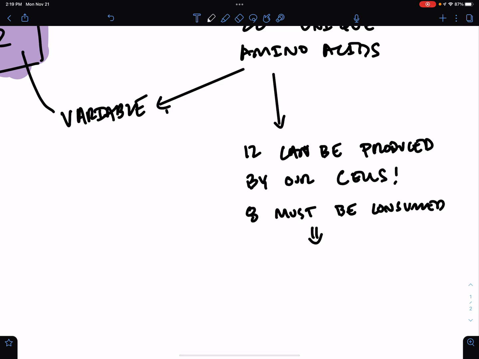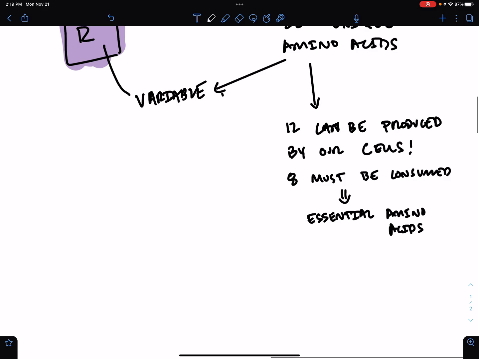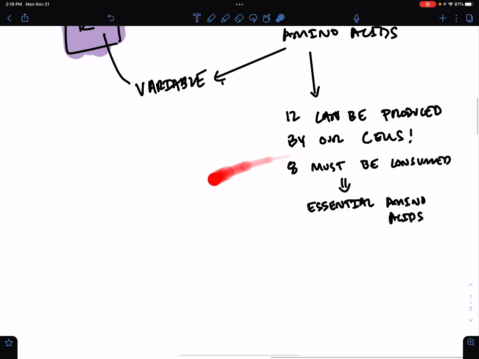We call these 8 that must be consumed the 8 essential amino acids. Anytime you eat another heterotroph, you're going to get all of these 8 that you must consume.